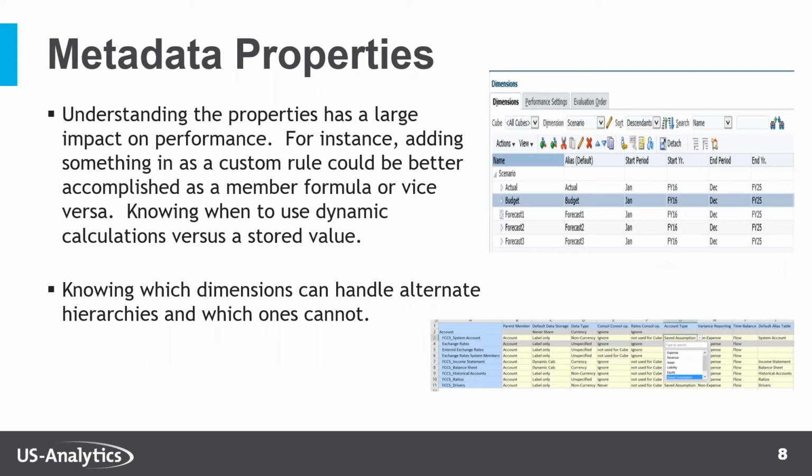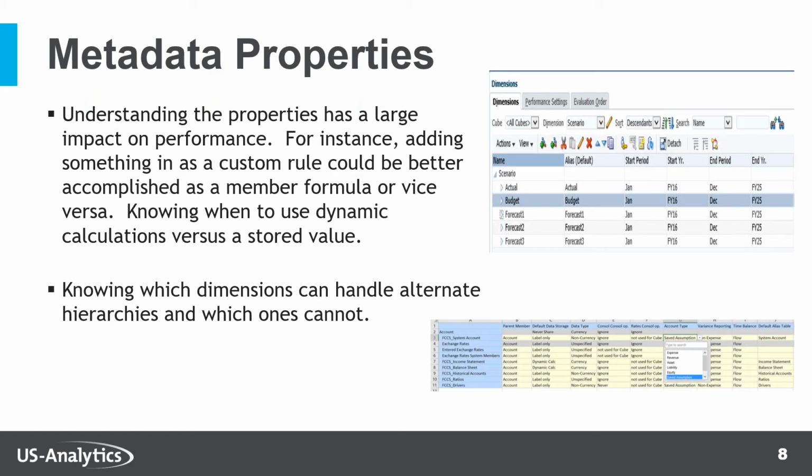Another item that we've seen is just incorrect metadata properties. So, understanding the properties has a huge impact. It can be as simple as performance, or it could even lend to incorrect values coming out of the application or inconsistency.